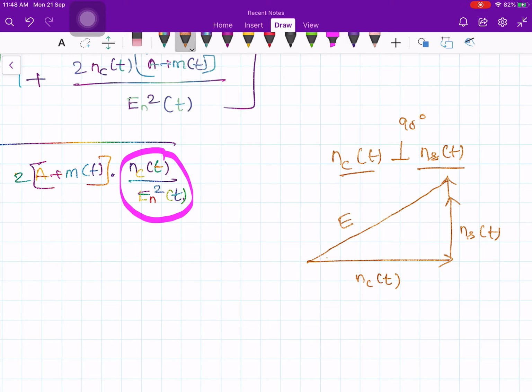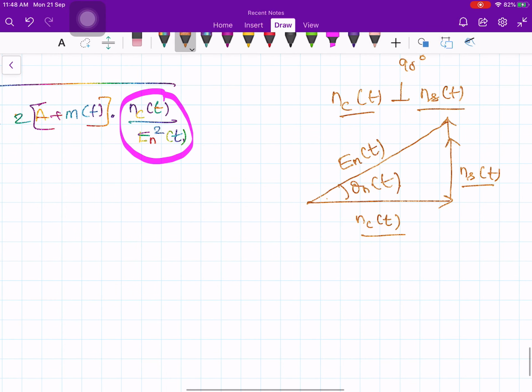En of t. En of t is equal to the square root of nc square of t plus ns square of t, and this angle is theta suffix n of t. Therefore what is my cos of theta n of t? This is nc of t divided by En of t.